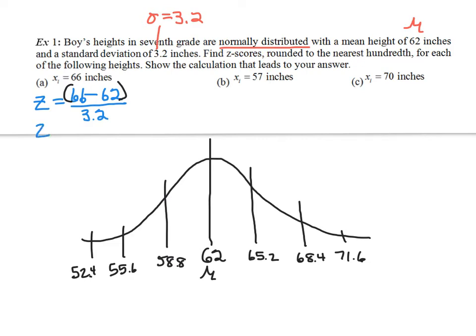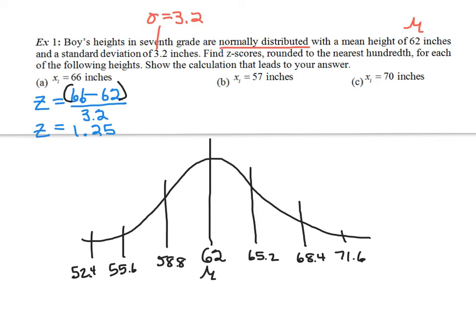And I want to give this answer to the nearest hundredth. This, in fact, comes out to be exactly 1.25 standard deviations above the mean. And that answer, of course, makes sense to us because we could see that 66 is going to be bigger than 1 standard deviation, but closer to 1 than it is to 2.